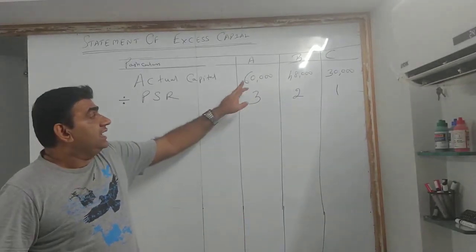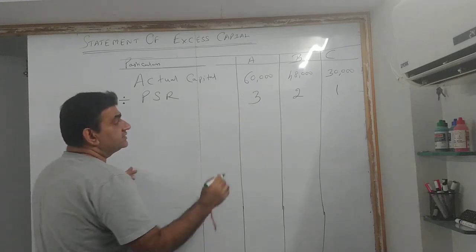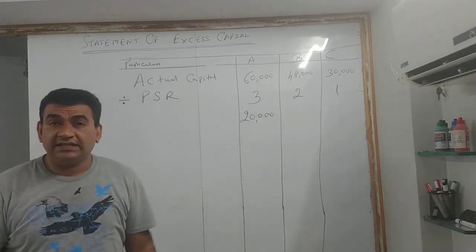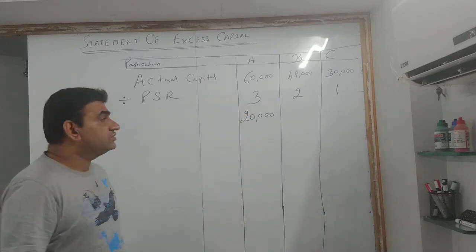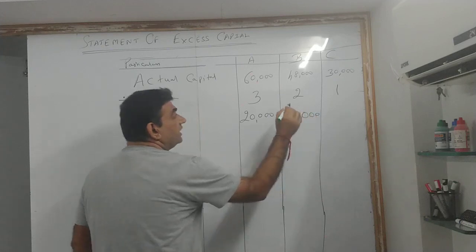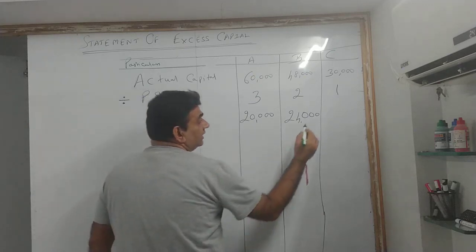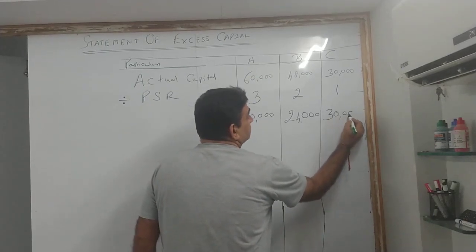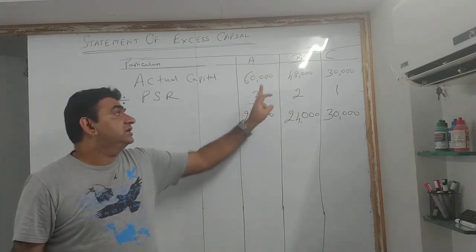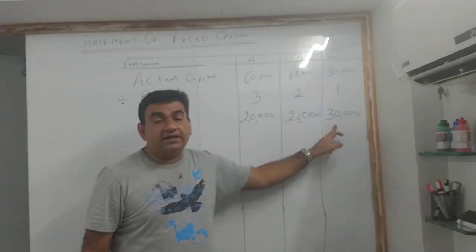A: 60,000 divided by 3 gives me 20,000. 48,000 divided by 2 gives 24,000. And 30,000 divided by 1 gives me 30,000. Okay? 60,000 divided by 3, 20,000. 48,000 divided by 2, 24,000. 30,000 divided by 1, 30,000.